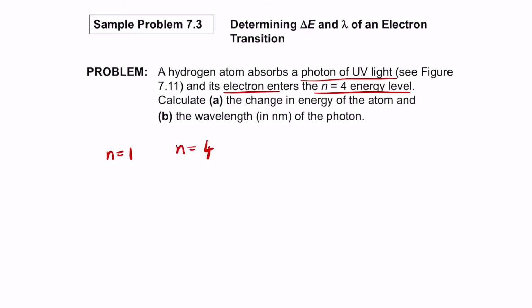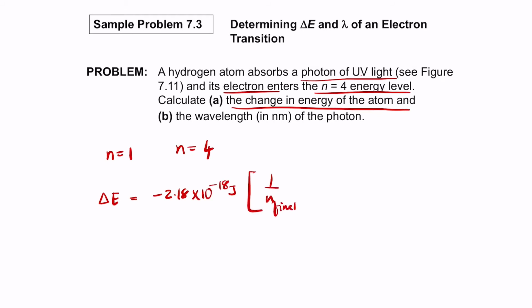Now the first thing they're asking you is the change in the energy of the atom. So delta E can be written as minus 2.18 into 10 to the power negative 18 joule times 1 by N final square minus 1 by N initial square. Here N initial is 1 and N final is 4.